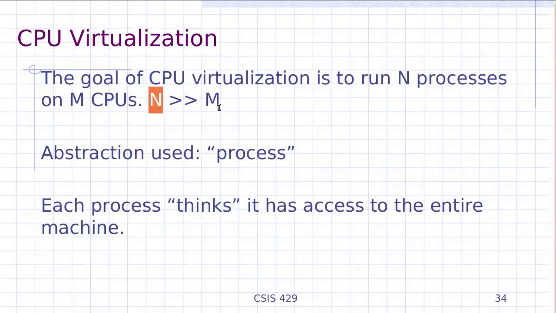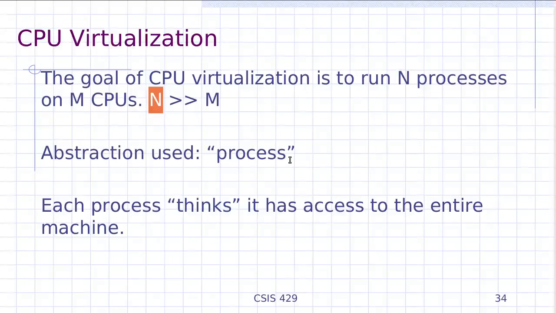If you have DOS, of course, you only have one thing running. You can make do with a single processor. But with multitasking or multiprocessing, which is what things like Linux and Windows and Mac OS X use, the number of processes that are supposedly running at any given time is much greater than the number of cores. And how does that work? Well, the operating system gives you this abstraction called a process.